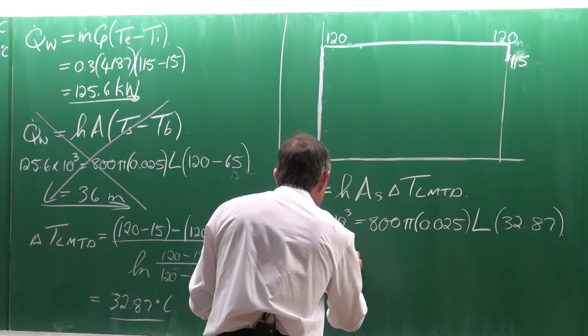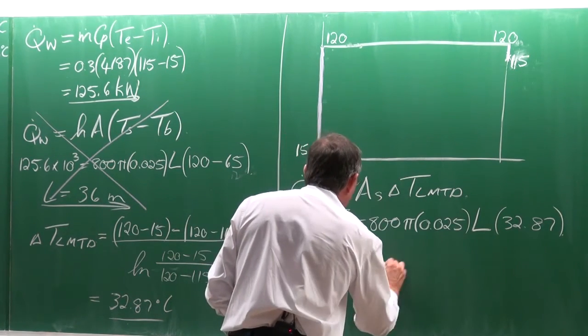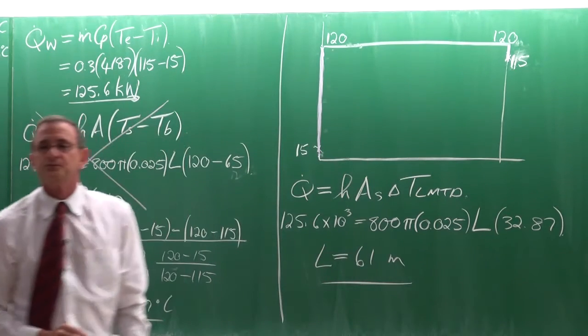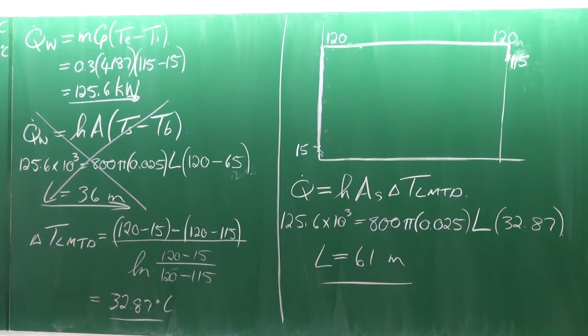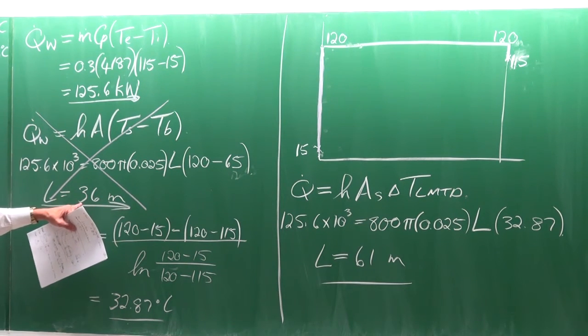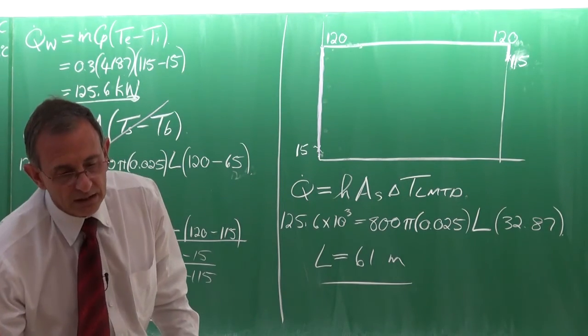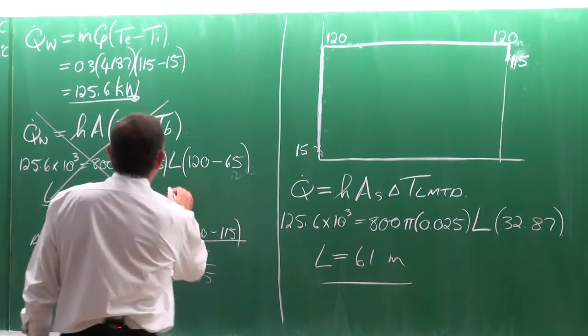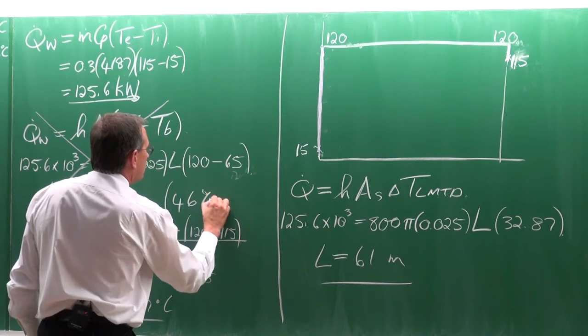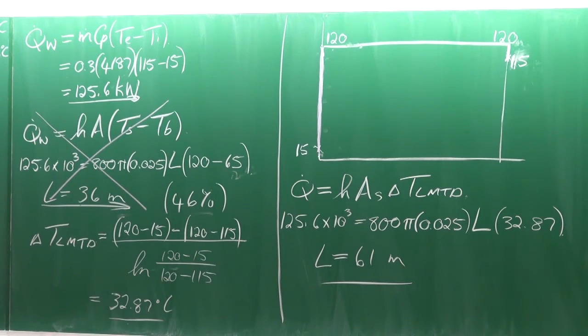So the correct result is 61 meters. Look at the difference. The error would have been more than 40%, 46% error, if you do it like this.